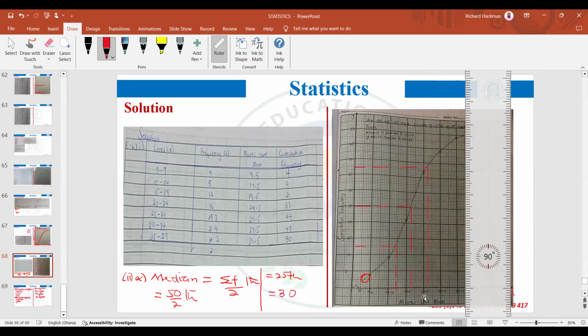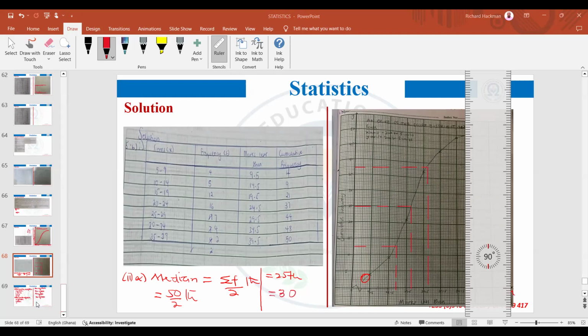So Kobe's reading is 24.5. I'm going to go by that because of the nature of my graph.